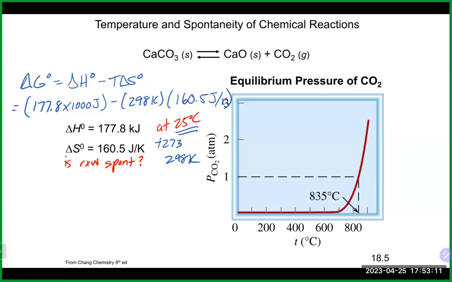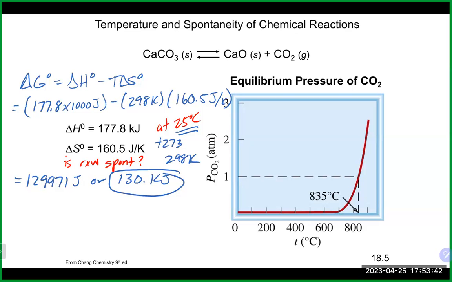If we do all that, we have 177.8 times 1,000 minus 298 times 160.5, which gives us 129,971 joules. At this point, I'm going to divide by 1,000 to convert it back to kilojoules, so about 130 kilojoules or something in that ballpark.